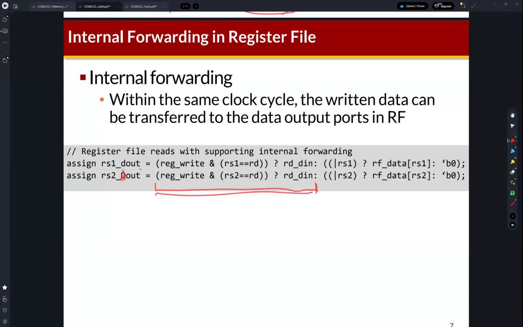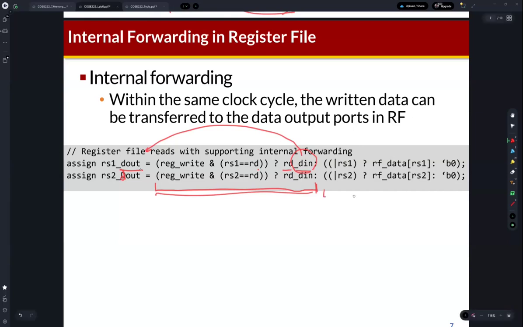If you read this code, the reg write is the reg write signal, and RS1 is equivalent to RD, right? So this is the RS1 register number, and this is the RD register number. Then D in is forwarded to the D out, right? So this is the internal forwarding. So internal forwarding is already implemented inside the new register file code, okay?